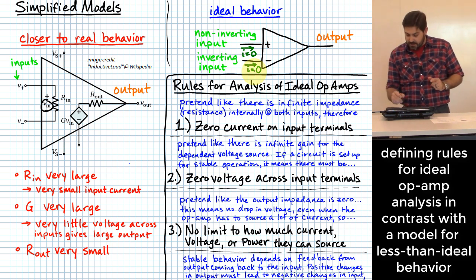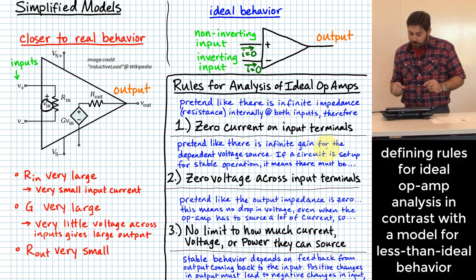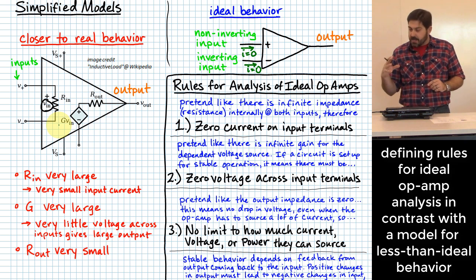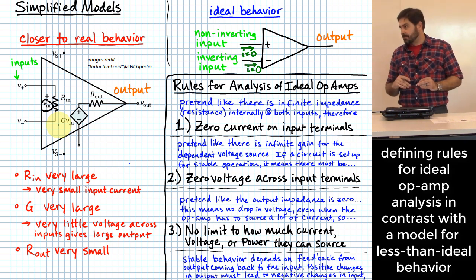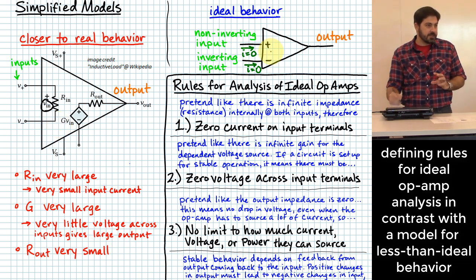Next, we're going to pretend like there is an infinite gain for the dependent voltage source. That's the little G parameter over here. If a circuit is set up to be stable in its operation, that means it kind of matters a little bit what kind of circuitry I hook up to this op-amp.